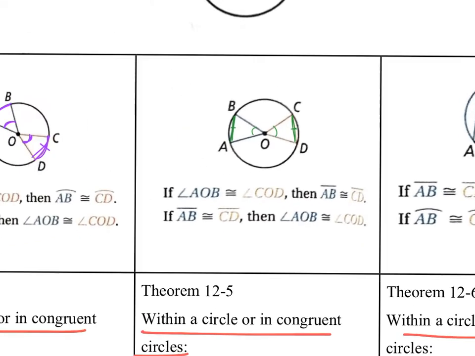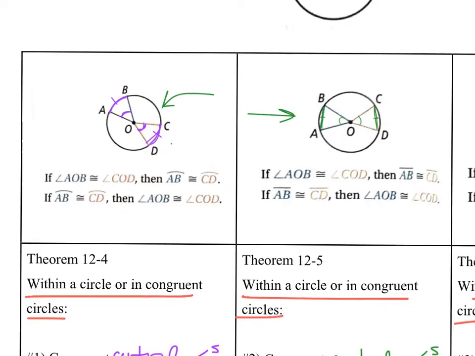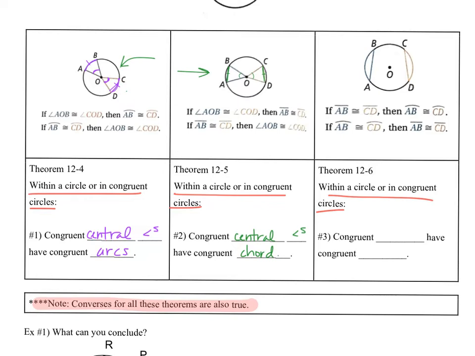Okay, so think about these 2 so far. You can say if the arcs are congruent, then the angles are congruent. You can say if the angles are congruent, then the arcs are congruent. This one you can say if the angles are congruent, then the chords are congruent, or if the chords are congruent, then the angles are congruent. Okay? So then the third one says within a circle or in congruent circles, congruent chords have congruent arcs, and the opposite would also be true.